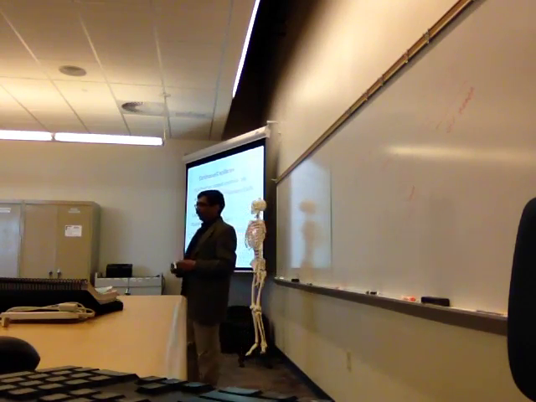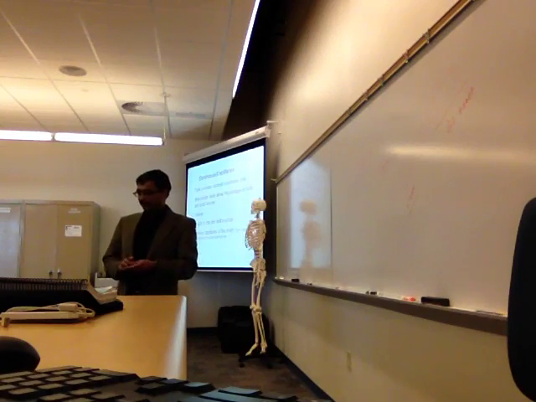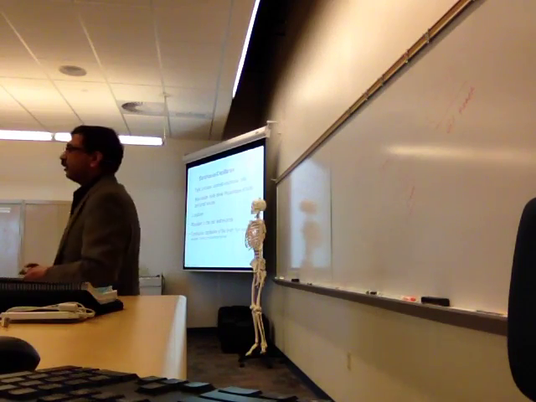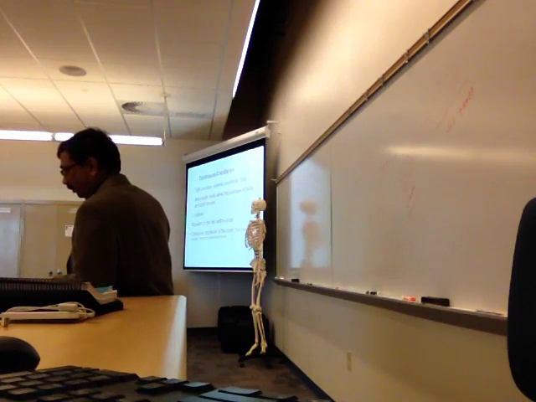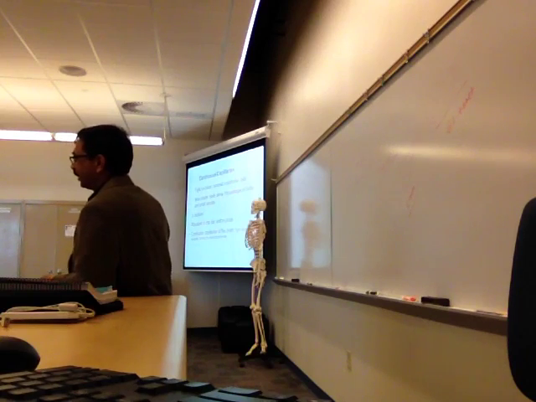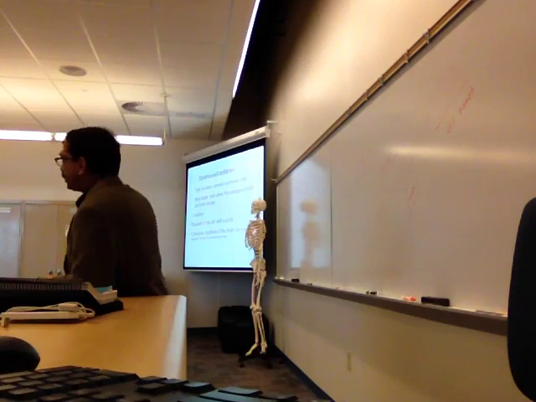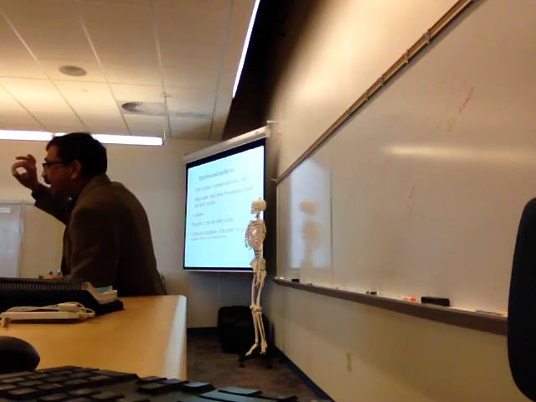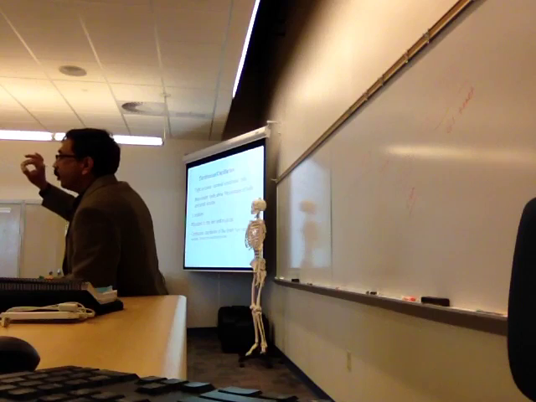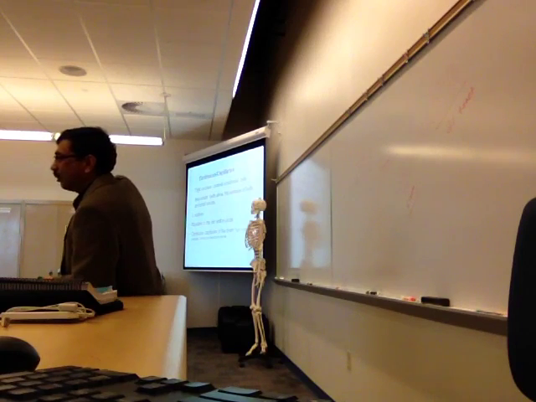Now, why is that? You know that the brain is the most sensitive, delicate organ in our body, right? So, because of the small holes in the wall of the capillaries, many chemicals will not be allowed to enter into the brain.